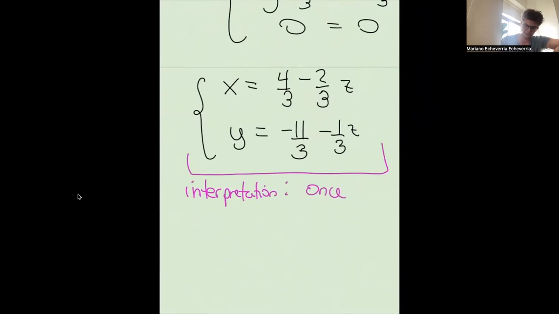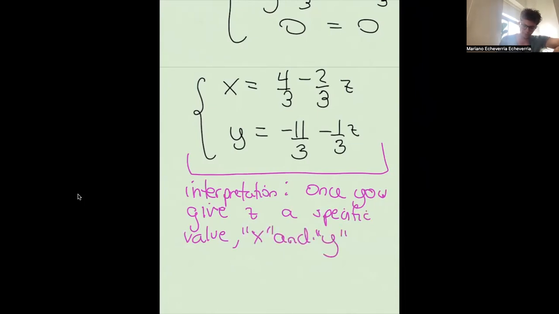Once you give z a specific value, you will get a value for x and you will get a value for y. X and y will acquire a fixed, specific value as well.